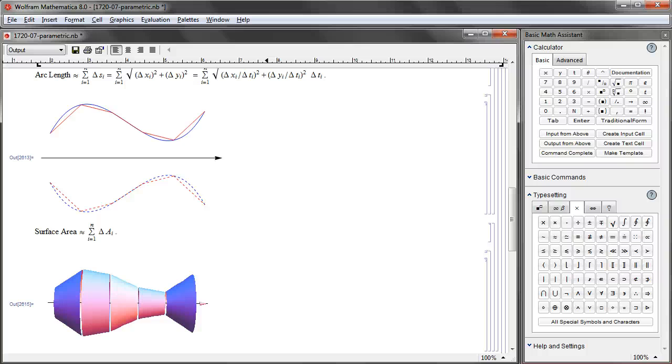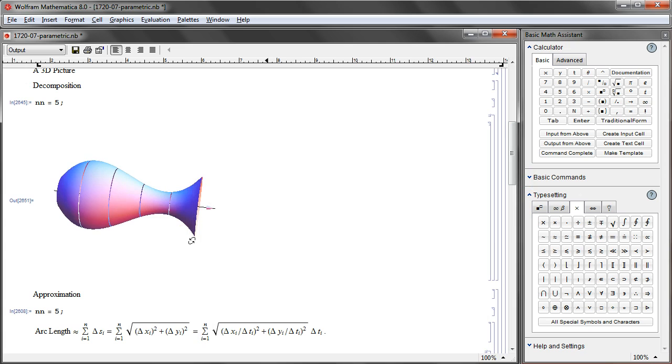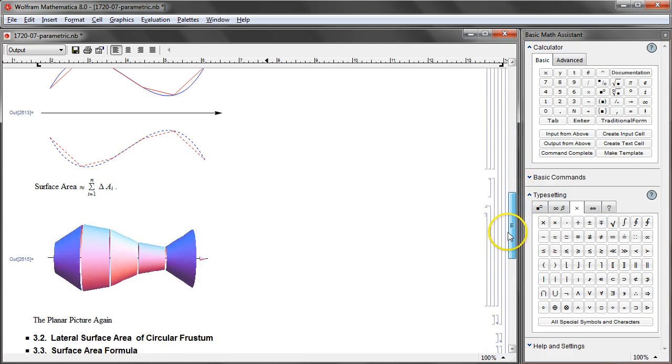Consequently, we ended up with a surface of revolution with those straight bands or frustums actually, which approximate the one we started off with. This one versus that one.